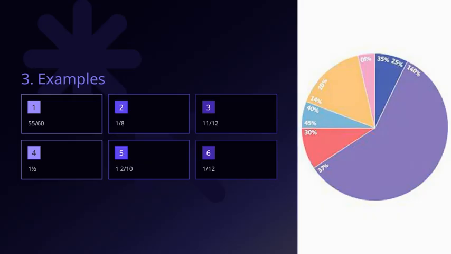These examples highlight the diversity of ways we can express quantities, which is fundamental to understanding measurements, ratios, and proportions in various real-world scenarios.